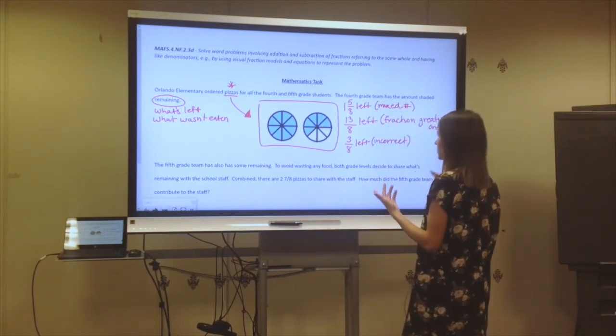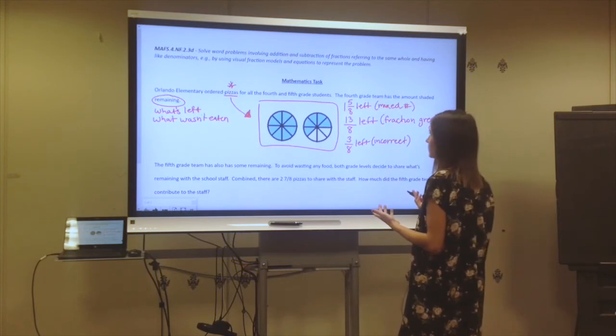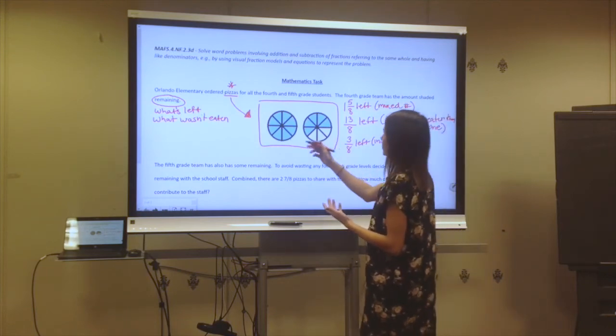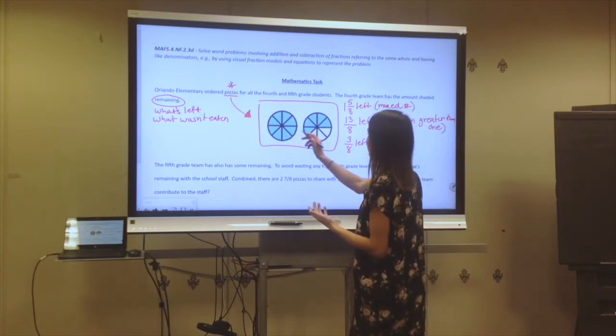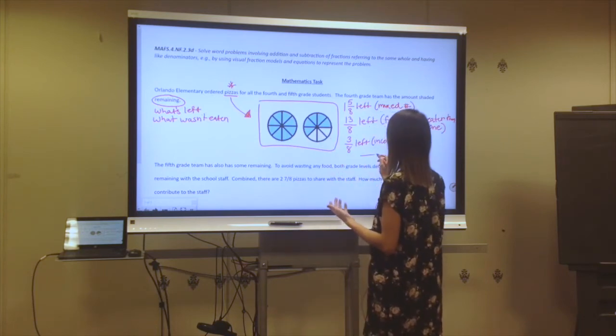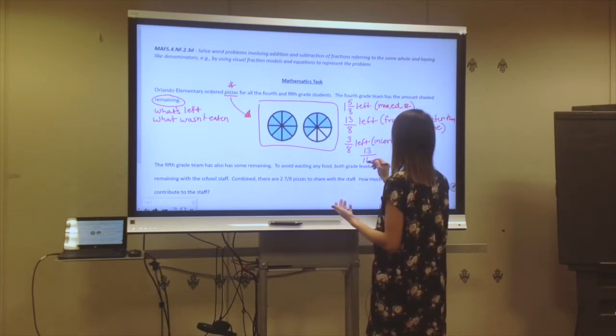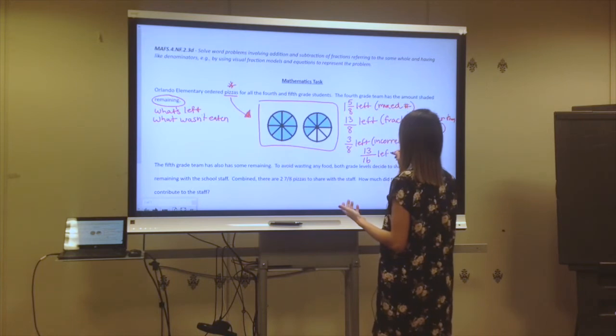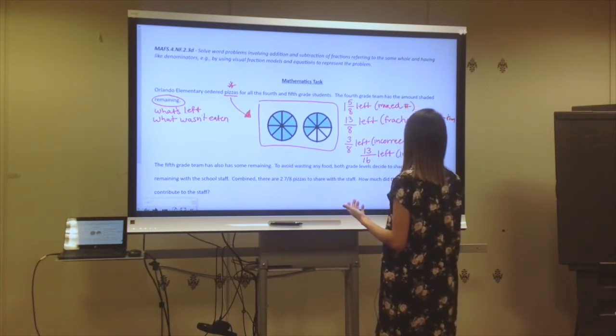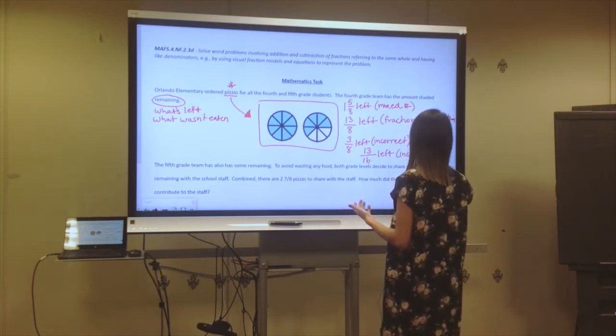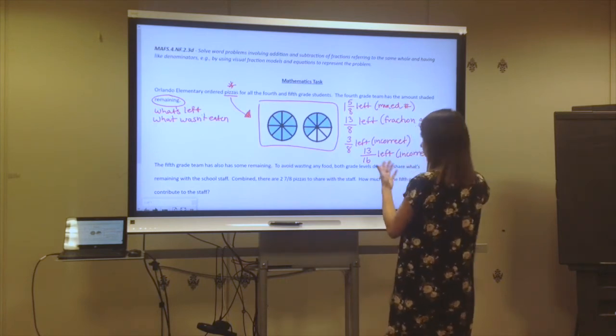And then I anticipate a common misconception where this might also be visualized as 16ths, 8 and 8 here, and see this as 13/16 left, which is also incorrect. So I'm just going to note those to myself as some possible answers, correct and incorrect.